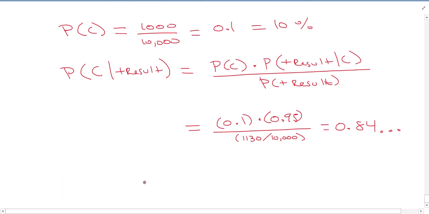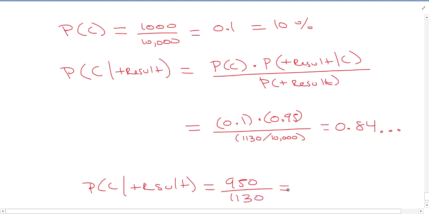From the table, I can just grab that information. So it'll be 950 out of 1130. And when you do that on your calculator, what do we get? We also get 0.84.